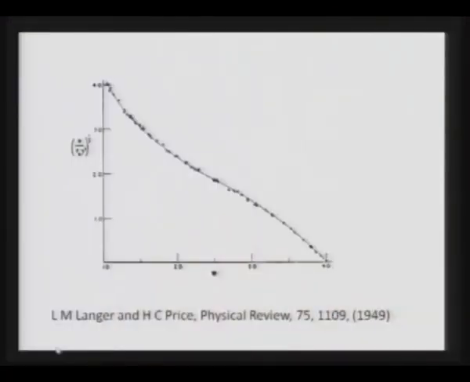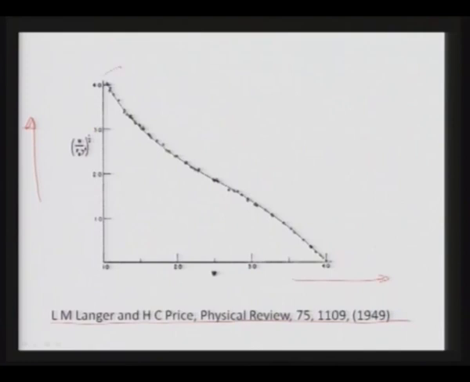Now, another graph that I want to show you is this. This is taken from this paper, Langer and Price, Physical Review 75, 1949 paper, and here is the same plot, that square root of n by p square f, a Fermi Curie plot, and you can see very clearly that it is not at all a straight line.